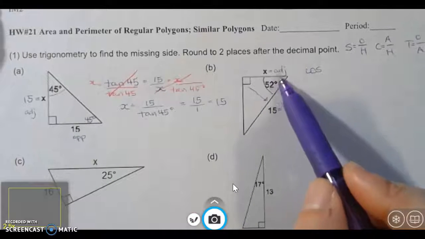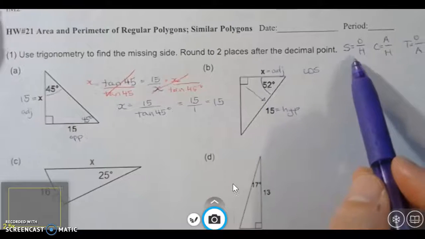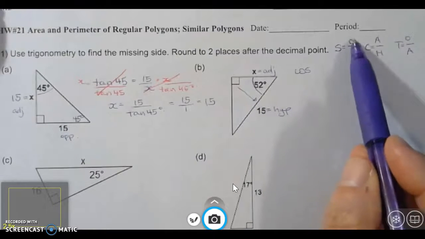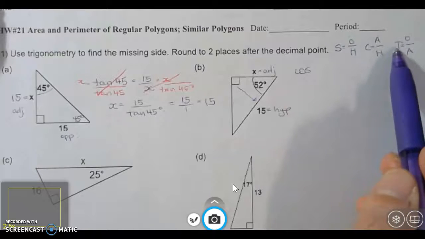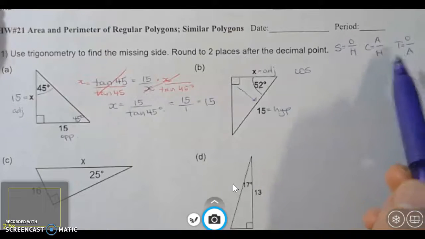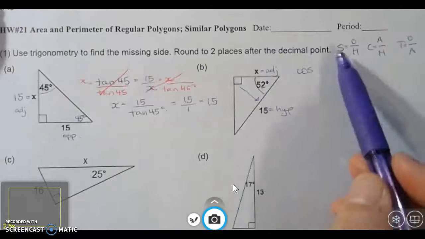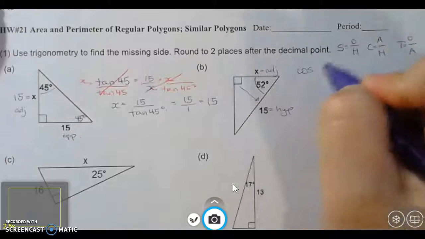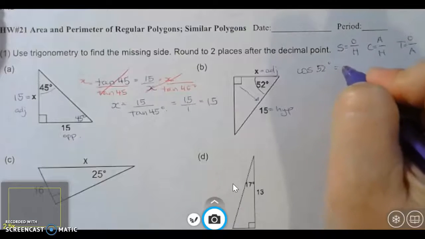Next up, okay, so what do we have? We are given a right angle triangle with 52 degrees. Remember our SOHCAHTOA. Sine is opposite over hypotenuse. Cosine is adjacent over hypotenuse. Tangent is opposite over adjacent. So which is the trig ratio that deals with adjacent and hypotenuse? That's cosine. So cosine of 52 degrees is going to be adjacent, which is x, divided by 15.